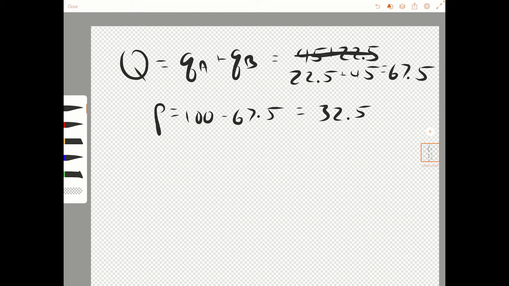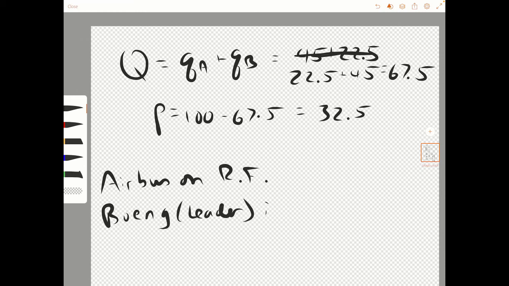So in the Von Stackelberg setting, Airbus is on its reaction function. But Boeing, the leader, is not on its reaction function. What we've done is we've found a better alternative to get us on a better isoprofit curve.